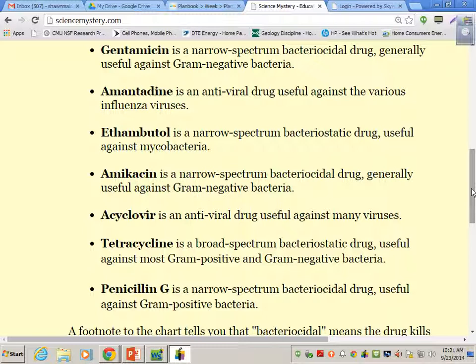Ethambutol is a narrow-spectrum bacteriostatic drug useful against mycobacteria. Amikacin is a narrow-spectrum bactericidal drug generally useful against gram-negative bacteria. Acyclovir is an antiviral drug useful against many viruses.